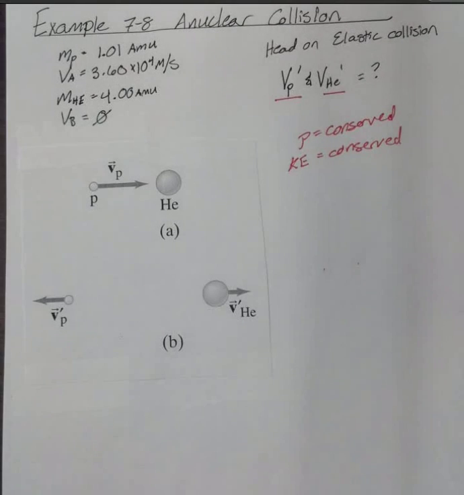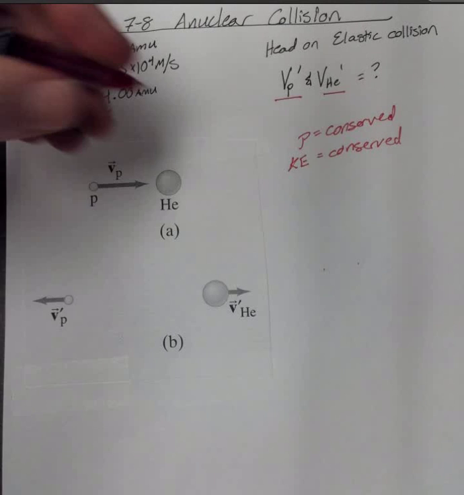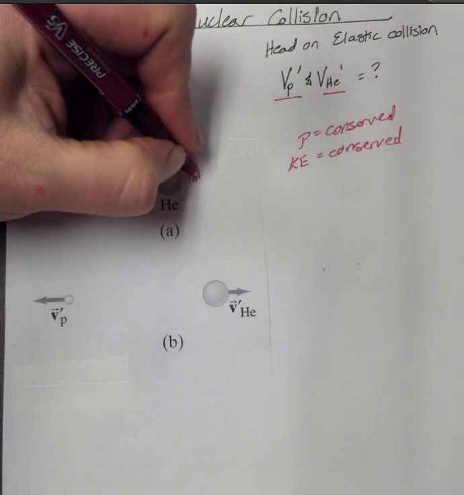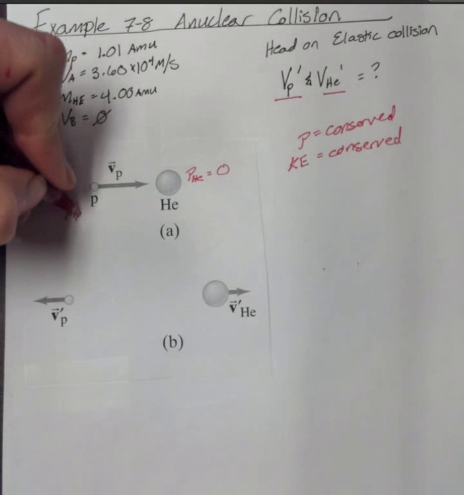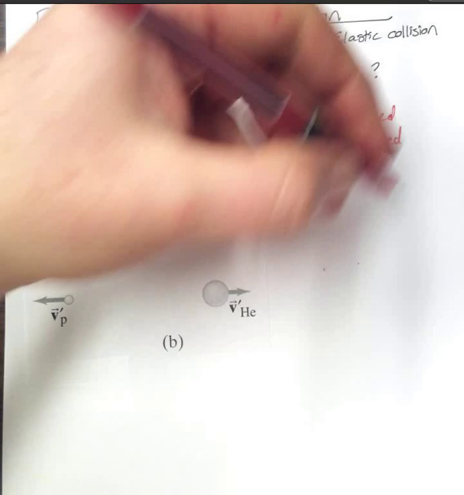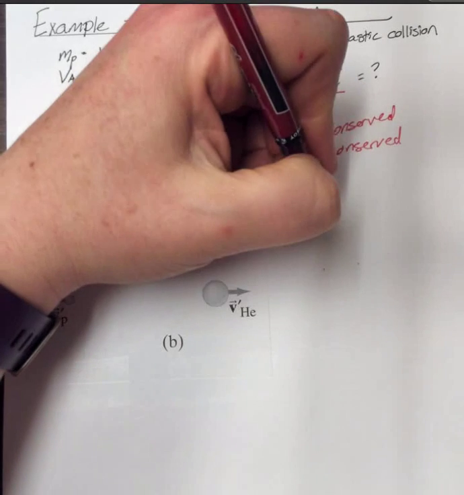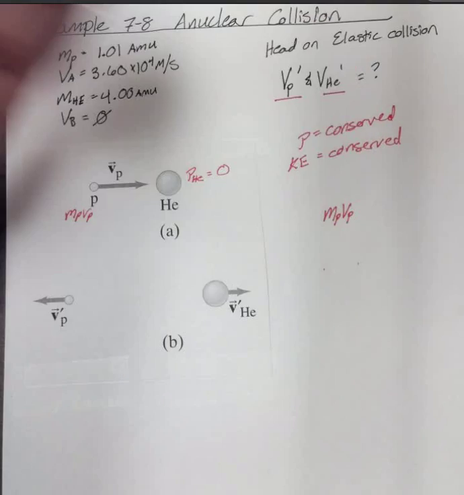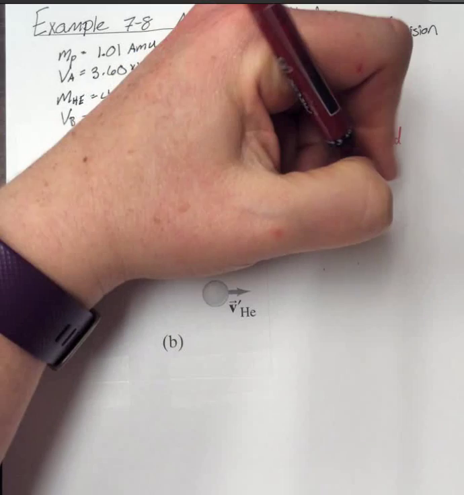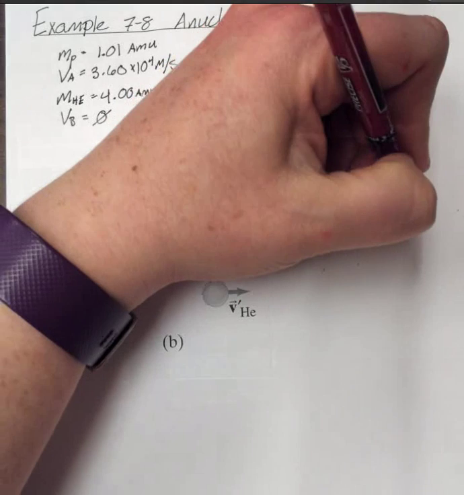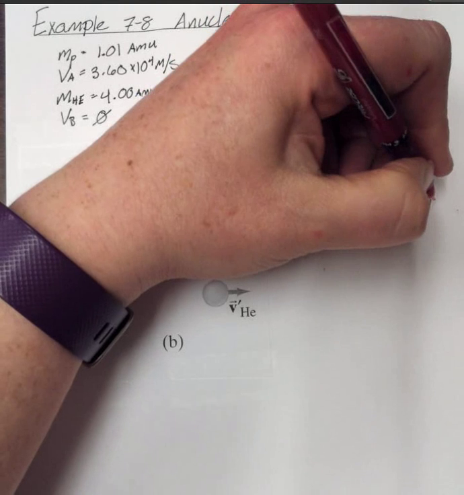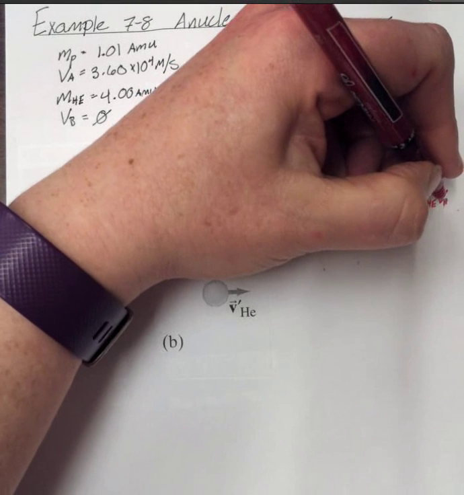Now, one thing to note that's very different than before is that the masses are not the same, so the masses are not going to cancel from our momentum equation. Here, the momentum of the helium initially is 0, and the momentum of the proton is mPvP. So, we get that mPvP before the collision is going to be equal to mPvP' after the collision plus mHeVHe' after the collision.